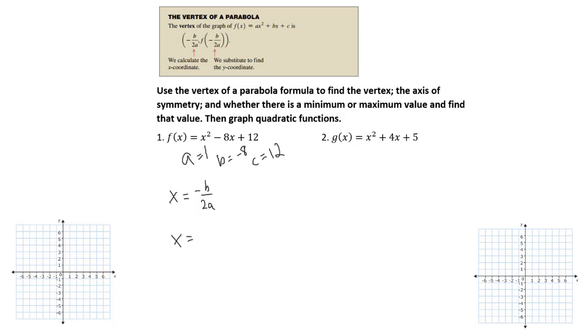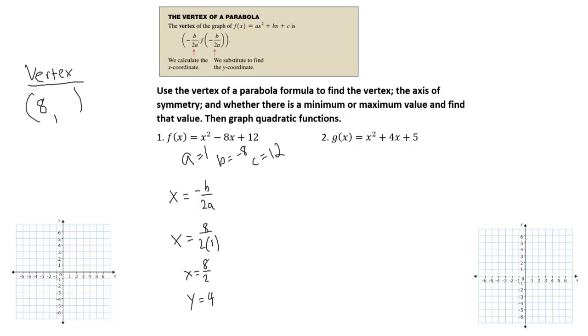So -8 would become 8 over 2 times 1. So that's 8 over 2 for our x value, which gives us 4. So that's telling us that the vertex that we are looking for, which is an ordered pair, is 4, something.